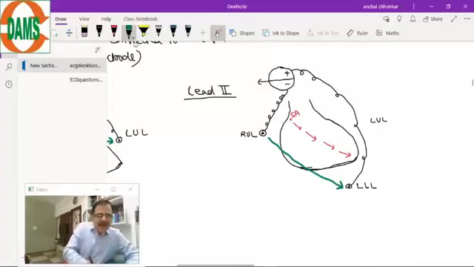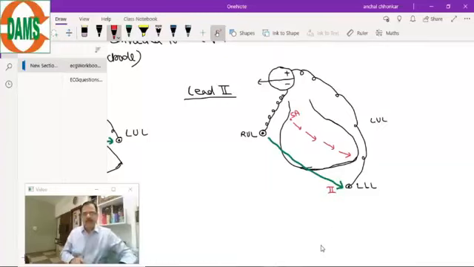I will write lead 2, left lower leg. This is the vector line of lead 2, and the ions are moving almost along this line. This is the natural line of movement of the depolarization ions.